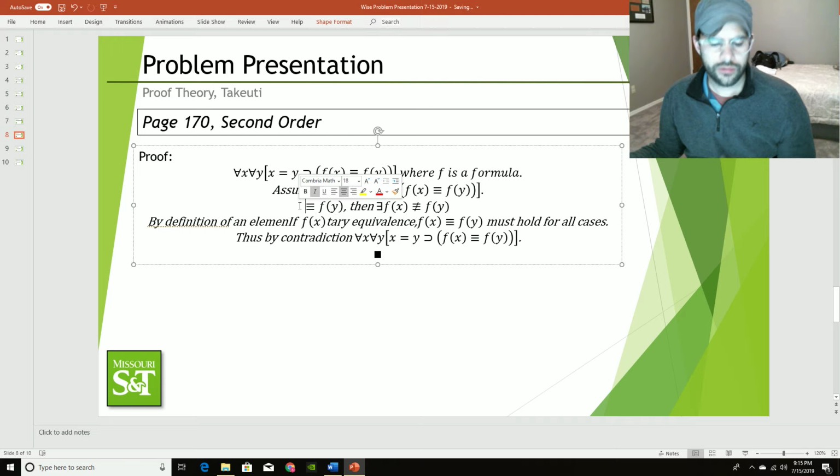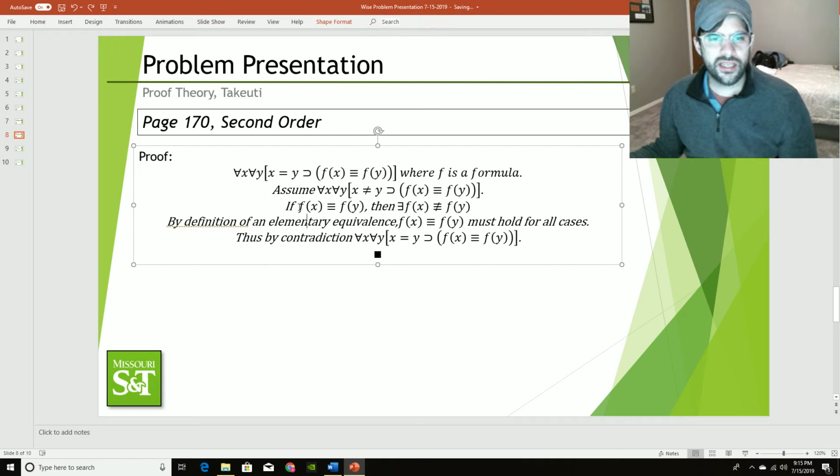Since we've already stated right here that this is an equivalence relationship, if the function with x in it is an elementary equivalence to the function that has a y in it, and I should actually say and right here, x is not equal to y, then there has to exist at least one f of x where this elementary equivalence does not hold.